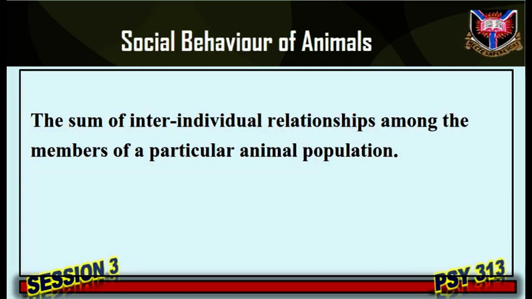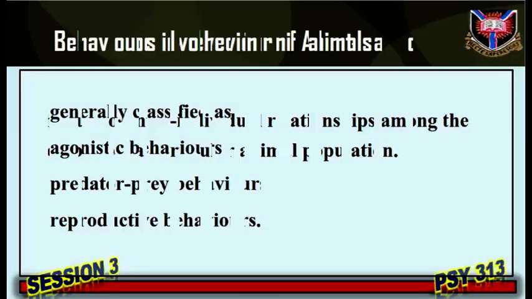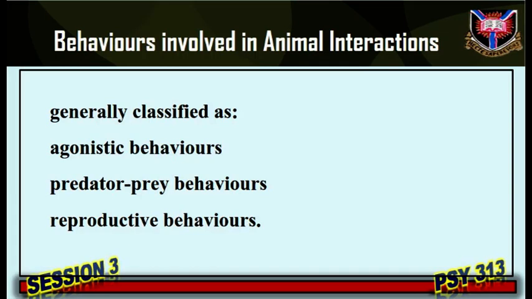The various groups of animals have peculiar social behavior, which can be used to distinguish between the groups. Behaviors involved in interactions among species are generally classified as agonistic behaviors, predatory behaviors, and reproductive behaviors.